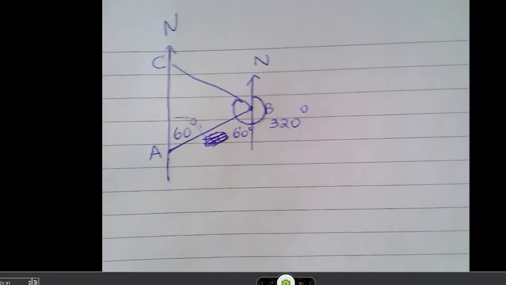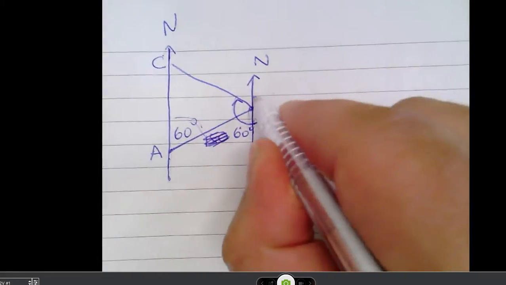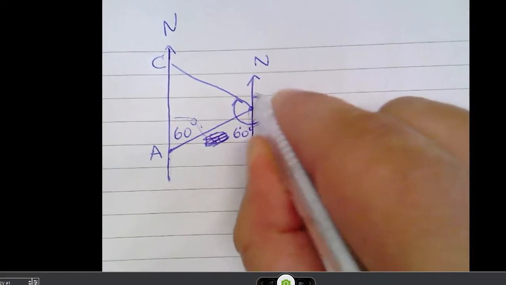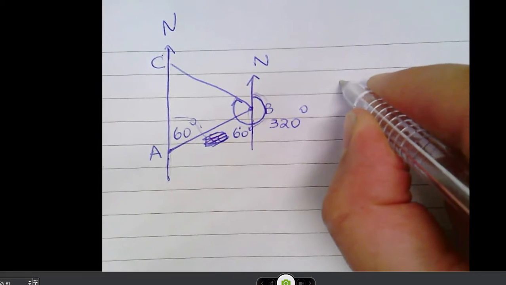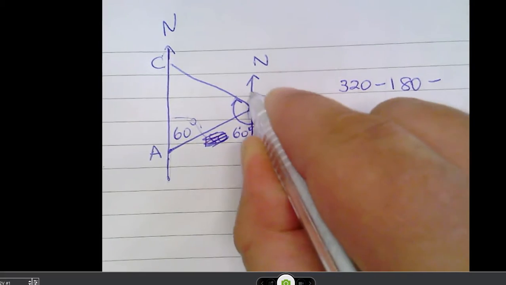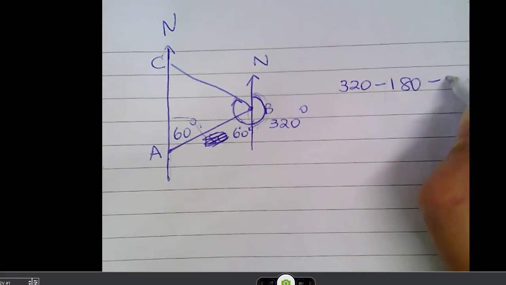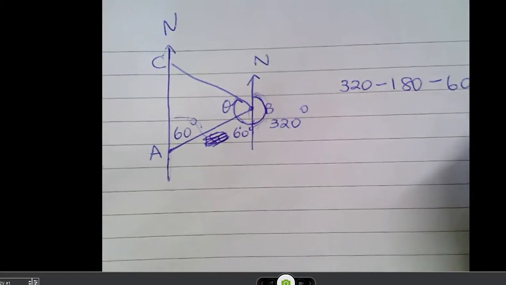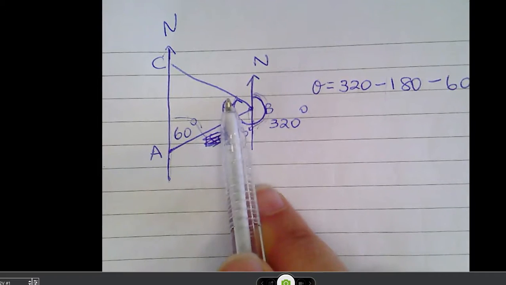I'll just rub out this 150 for a sec. That's a distance. This whole thing was 320. So, girls, what's the straight line bit of the 320? So I'm going to go 320, take away 180, take away the 60. Do you know why I'm doing this? It will give me this theta in here. That angle in there, all of it is 320.